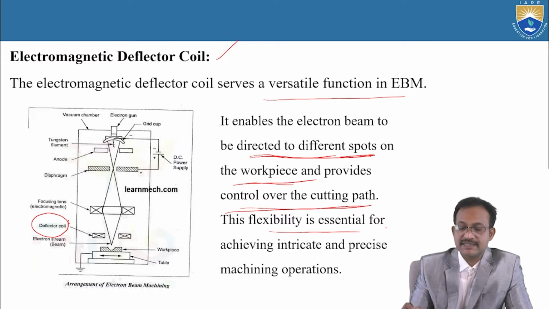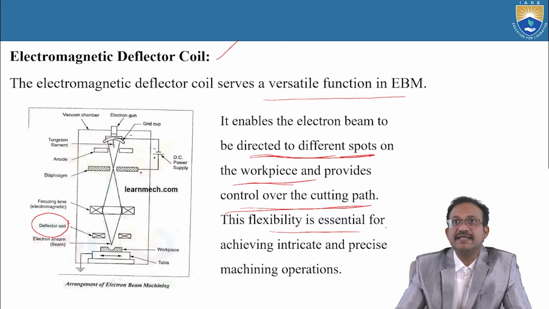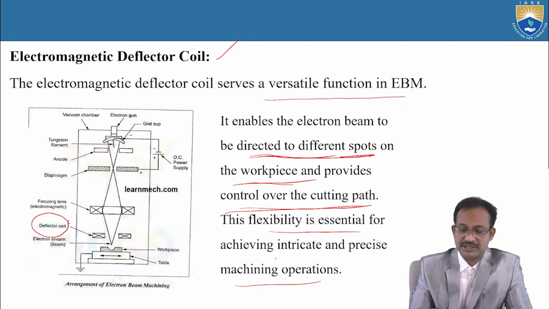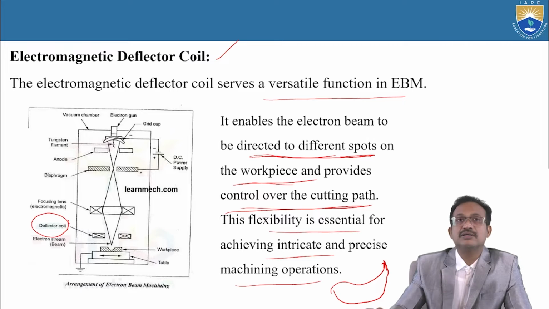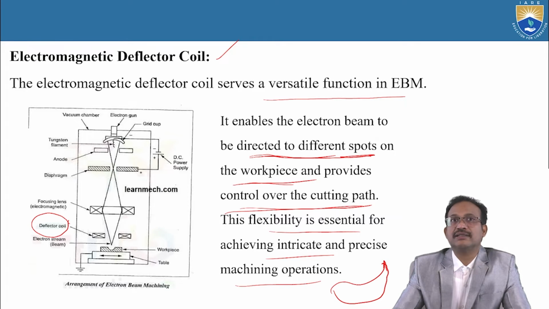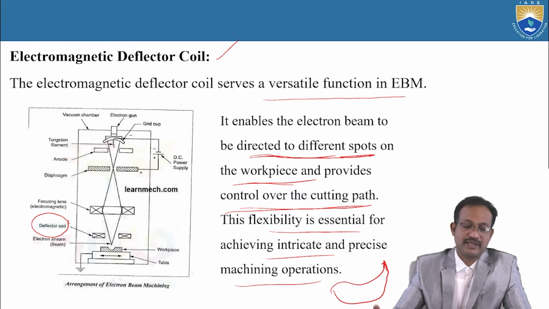This flexibility is essential for achieving intricate and precise machining operations. For intricate and precise operations we go with electron beam machining, and the purpose of the electromagnetic deflector coil is to deflect the focused, emitted electron beam point to different spots of the workpiece material.